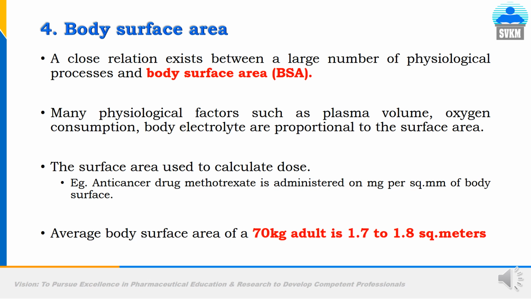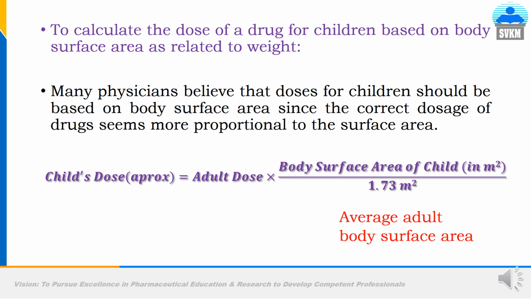The average body surface area of a 70 kg adult is 1.7 to 1.8 square meters. Calculating the dose of a drug for children based on body surface area is generally related to weight. Many physicians believe that doses for children should be based on body surface area, since the correct dosage of a drug seems more proportional to the surface area.